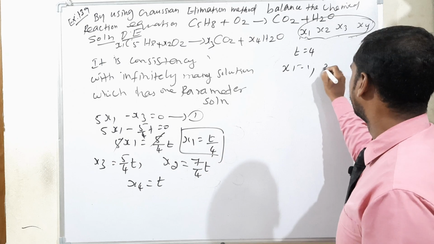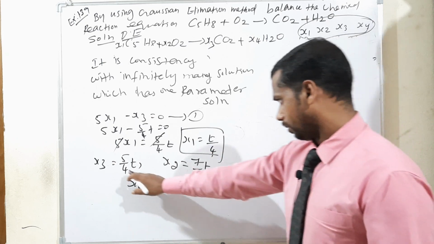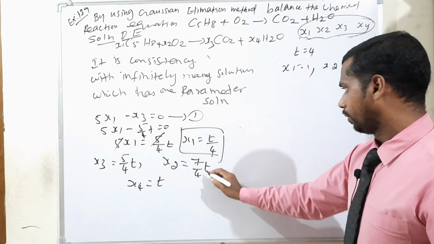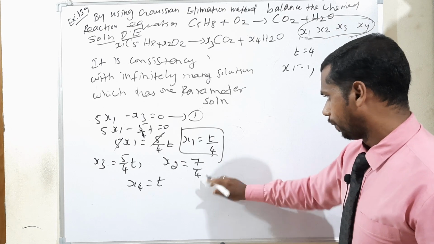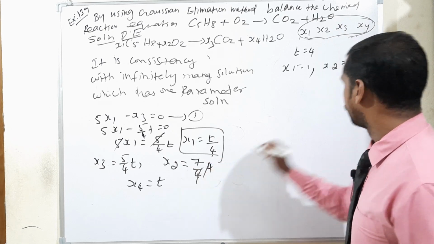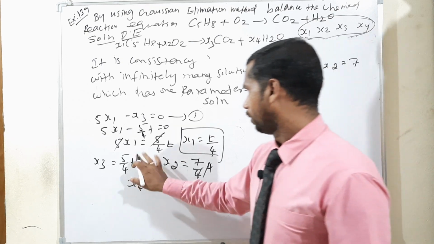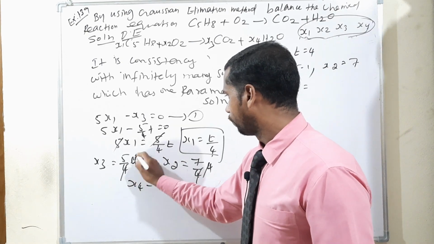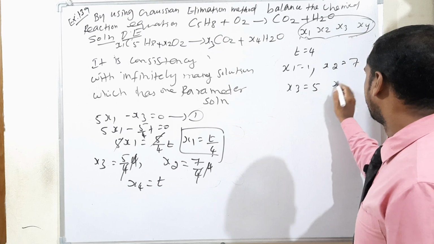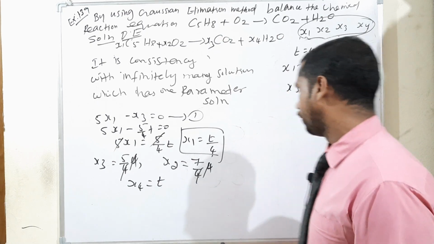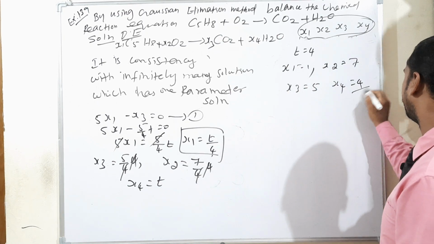Then x2: instead of t, if we apply 4, the 4 cancels, x2 is equal to 7. Then x3: again 4 cancels, 5 will come. Then x4 is t, so the x4 value will be 4.